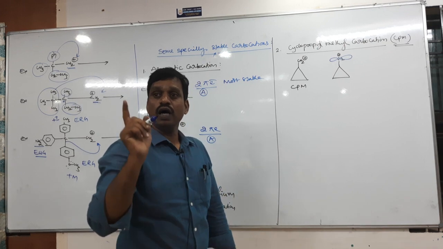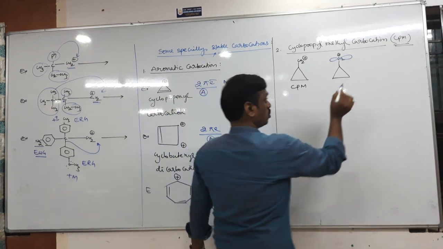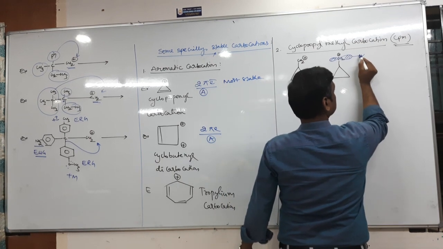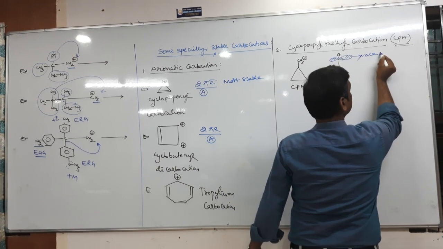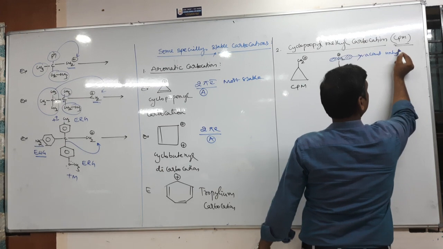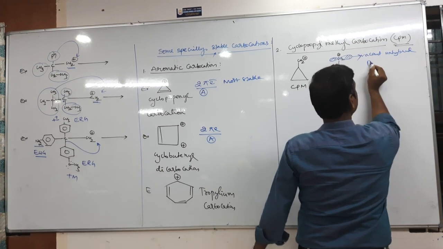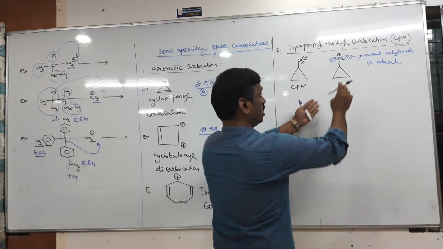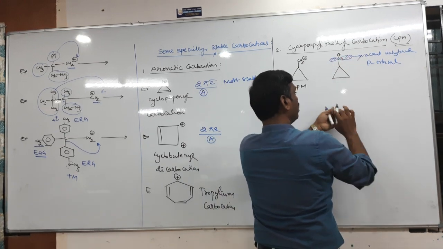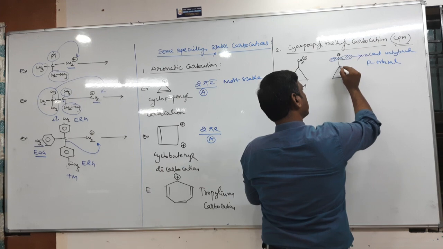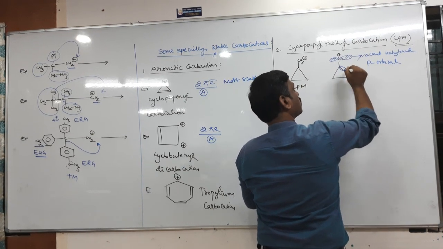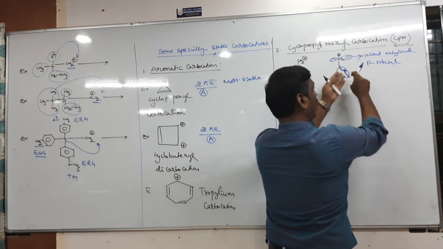This vacant unhybridized p orbital overlaps with the sigma bond of the cyclopropane.